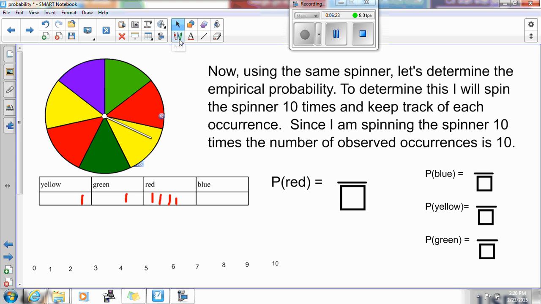Yellow. That's 7 times, so 3 more. Yellow again. I might not get it yet. I might not get blue at all.